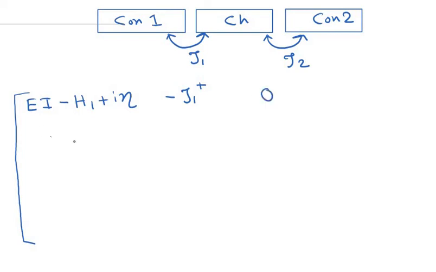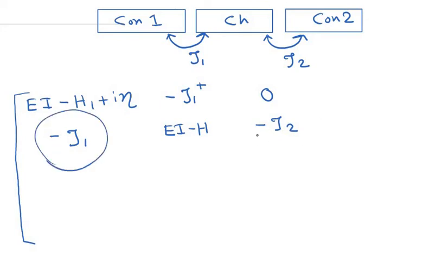and here we have minus tau 1, here we just have E I minus H, and then here we have minus tau 2, because the channel is coupled both to contact 1 via this matrix and contact 2 via this matrix over here.